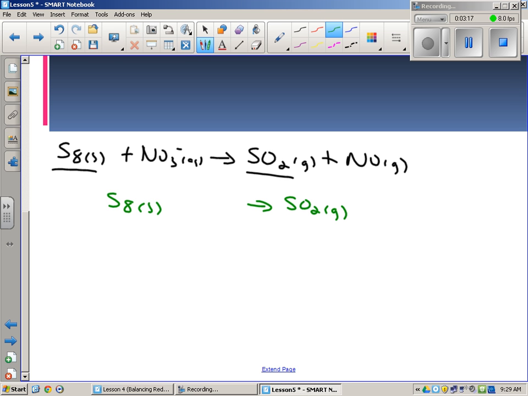So I write that part out first. Sulfur matches up to the sulfur. I'm going to balance atoms that are not oxygens or hydrogens first. I've got 8 sulfurs here, so I need to have 8 sulfurs there.